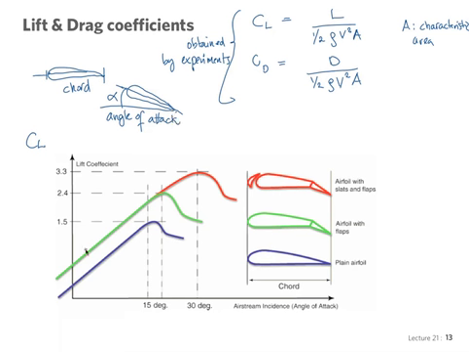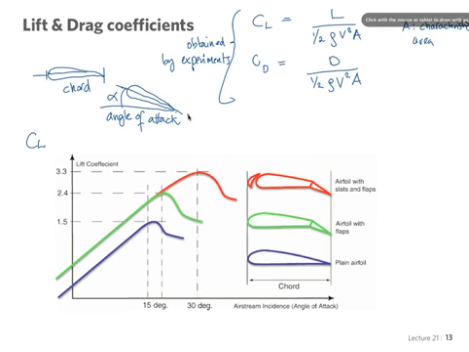The angle formed between the chord of the airfoil and the relative wind. And here we have the situation for a regular airfoil in which the lift coefficient increases with angle of attack up to a point where separation occurs.